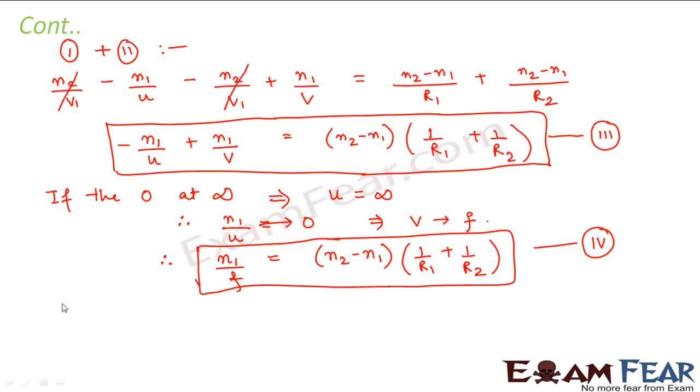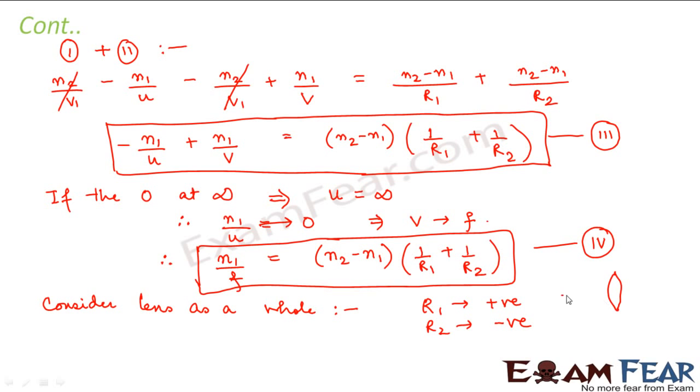Now consider the lens as a whole. What do we see? Considering the lens as a whole, we will see that R1 is positive. However, R2 is negative. That's very obvious. Let us suppose this is my lens. If this is surface 1 and this is surface 2, this is R1 and this is R2.